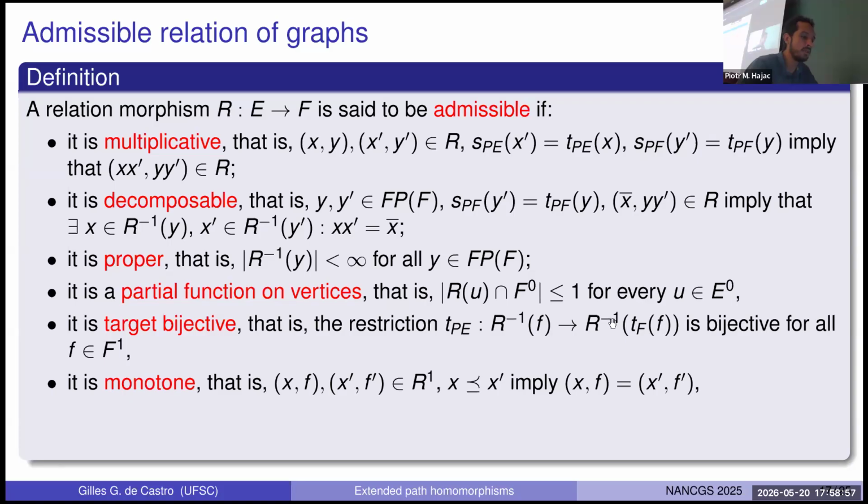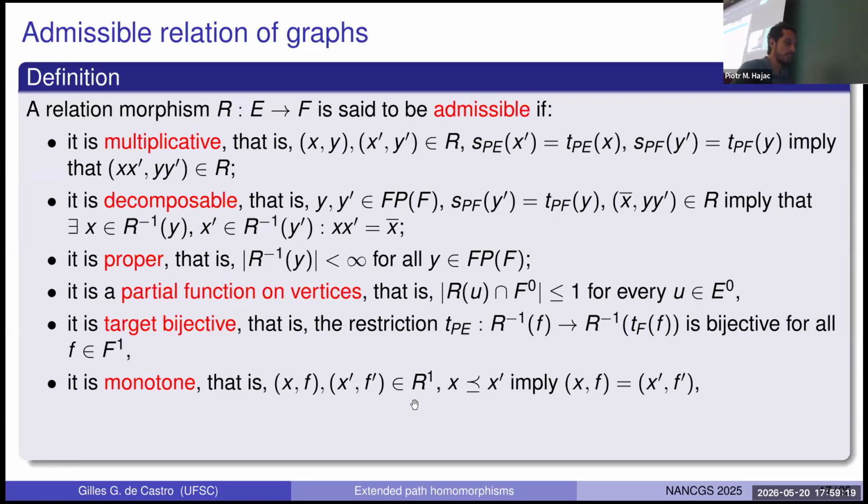So here we only have vertices, and here we have finite paths. And then we add that the target function between the paths related to F and the vertices related to the target of F should be bijective. This is to ensure part of the CK1 relation, but we also need monotonicity.